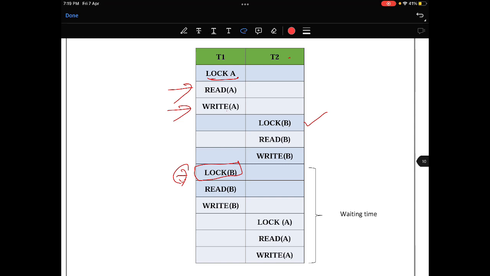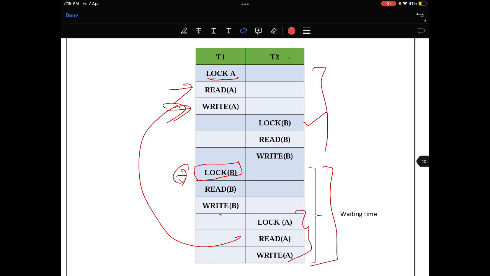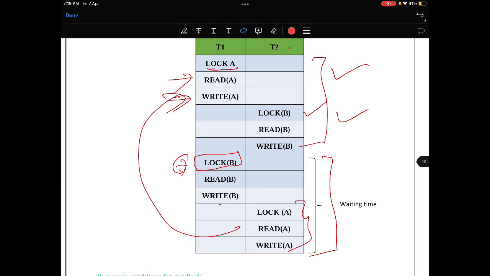So to complete that, this lock should be released by T2. But it is not possible. So T1 is waiting for T2 and T2 is waiting for T1. See, T2 is waiting for lock A, which is locked by T1. Both processes completed individual work on an individual file, but each is asking for the other file.